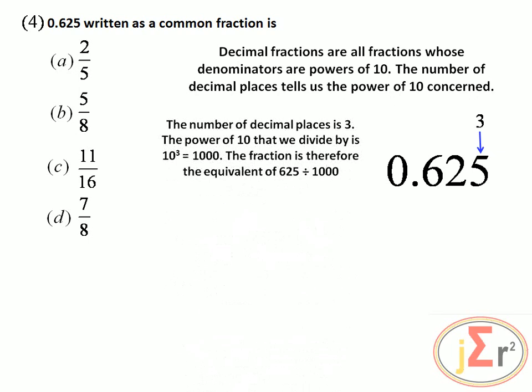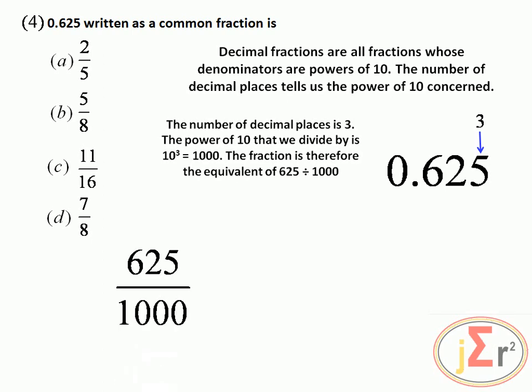The number of decimal places is 3. The power of 10 that we divide by is 10 to the power of 3, which is equal to 1,000. The fraction is therefore the equivalent of 625 divided by 1,000.